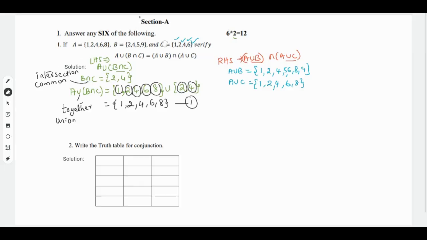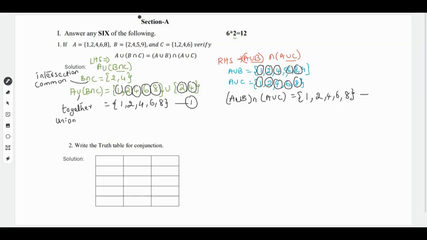Now we need to find the intersection between these two. What is meant by intersection? Intersection is selecting the common elements. So (A union B) intersection (A union C) is selecting the common elements present in both. We have 1 which is common, 2 which is common, 4 which is common, 6 which is common, and 8 which is common.